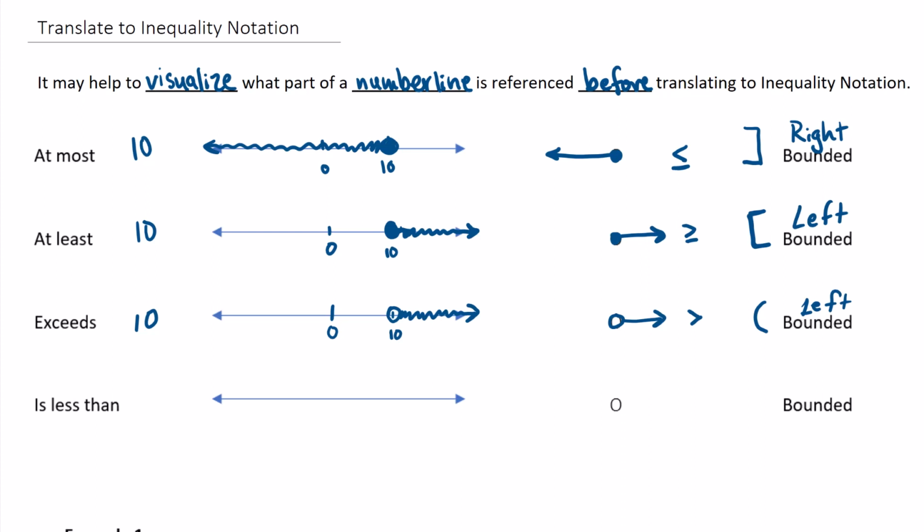Is less than 10 means that on a number line we cannot include 10 once again, but we can take everything to the left of that point. So this one is an open dot with an arrow to the left.